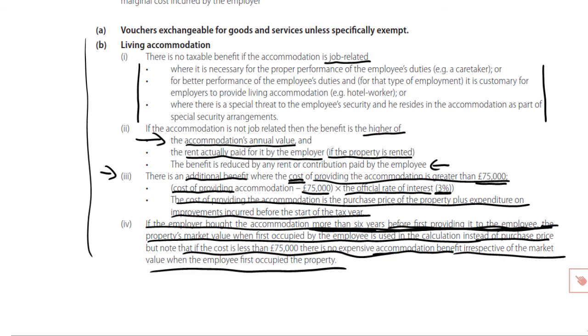So if in my example the company bought it in 2006 for £50,000 and then our employee moved into it in 2015 when it was worth £150,000, the £150,000 is irrelevant. There is no expensive accommodation benefit. Why? Because it didn't cost more than £75,000 in the first place.